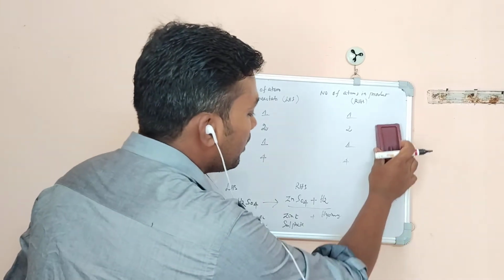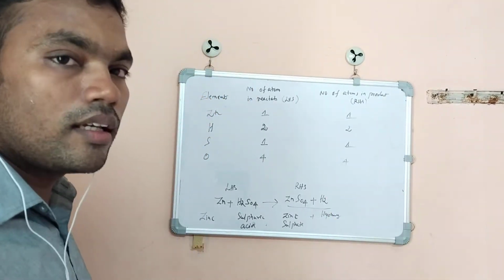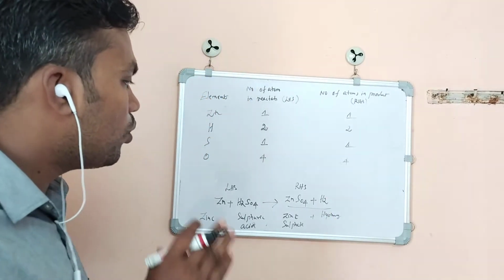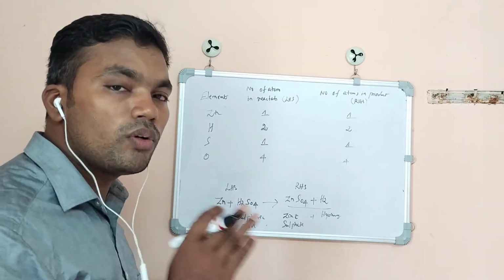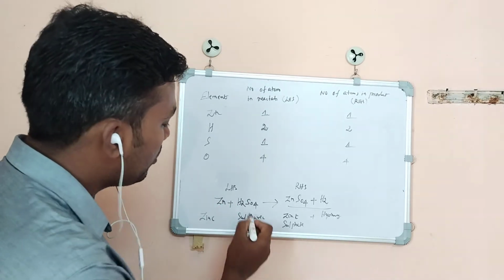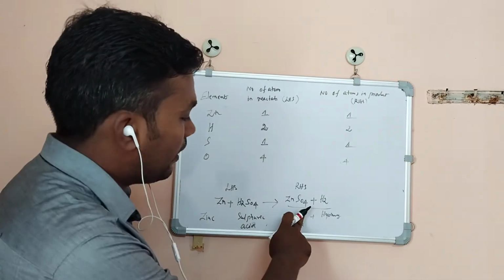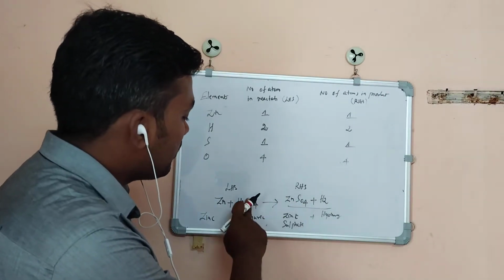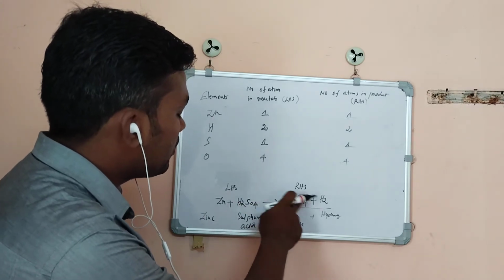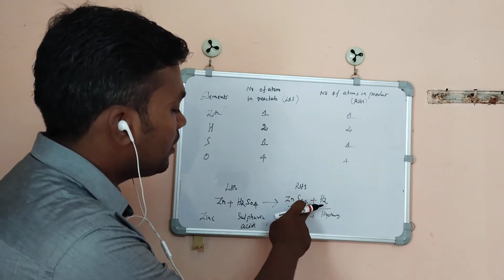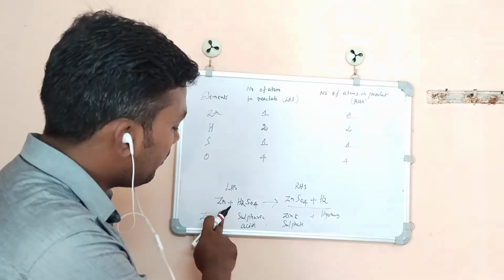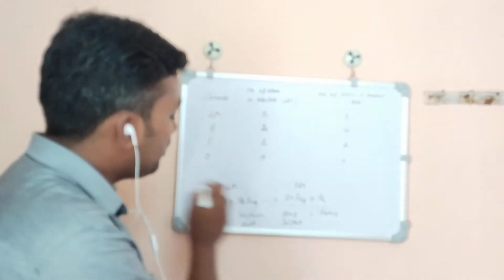That means in this reaction the chemical equation is balanced. The total mass of the elements present in the product side has to be equal to the total mass of the elements present in the reactant side.